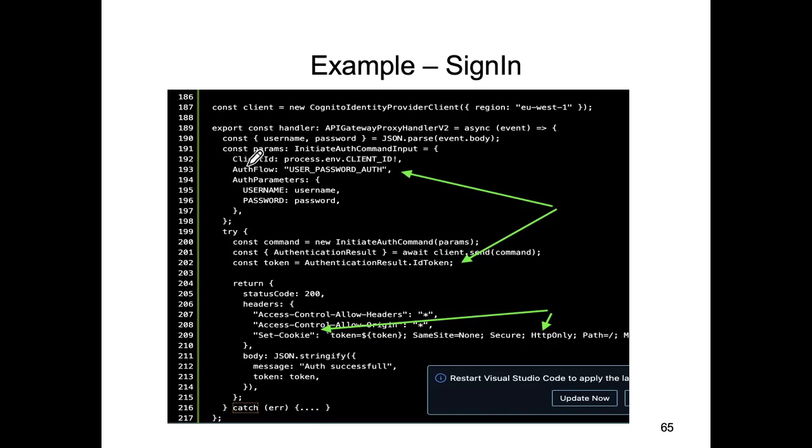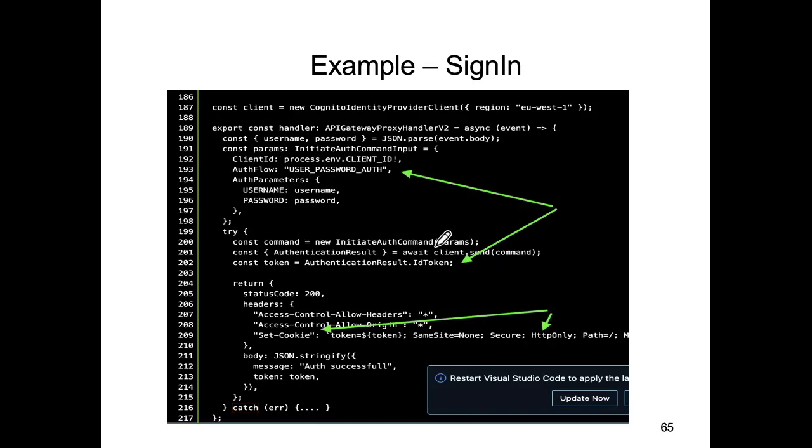I do need to tell it what authentication flow this particular command should follow. That's reinforcing the fact that it's the user password authentication flow. Obviously, there are other options available to us here. Other than that, I'm just passing in the usual stuff, my username and password.